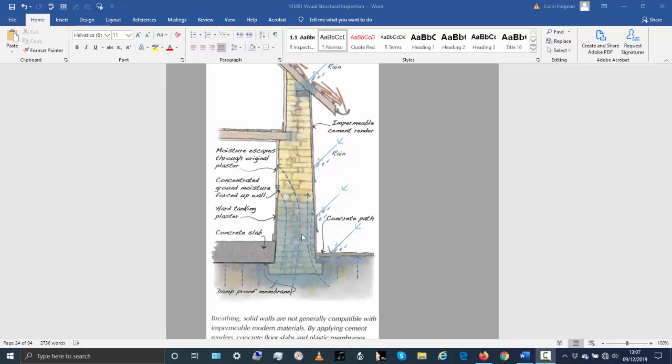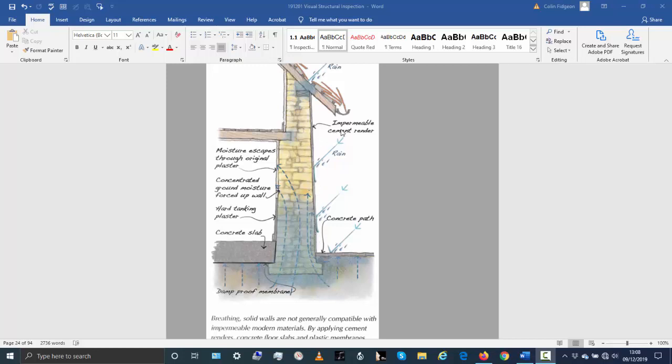The first problem that's happened, and I suppose probably the most significant problem, in the 1950s, with the advent of cementitious render, a lot of people put an impermeable cement render on the external face of the wall.